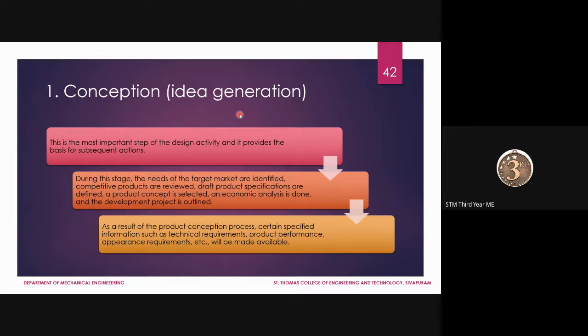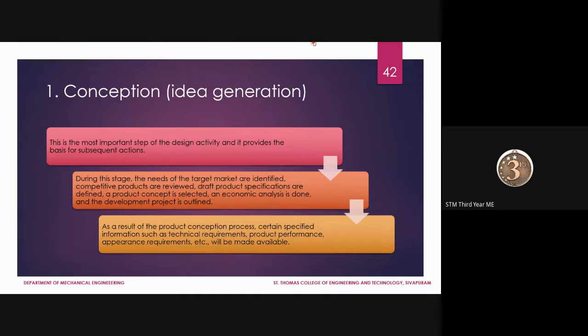The customer feedback is being taken, and they will be mentioning some functions required for that product, and that will be the basis for the objectives formed during the designing process of the product. So based on that objectives, we are generating an idea, and that is known as conception.